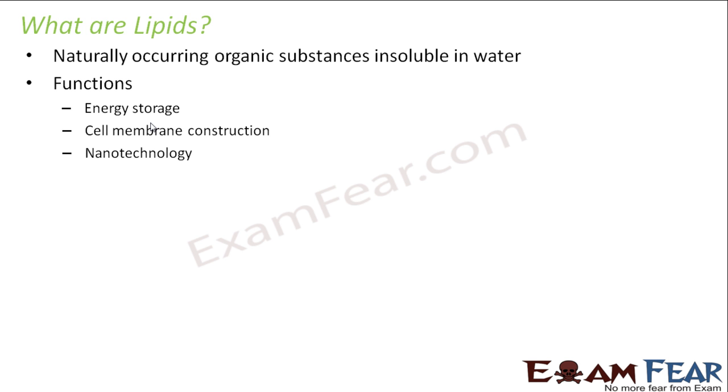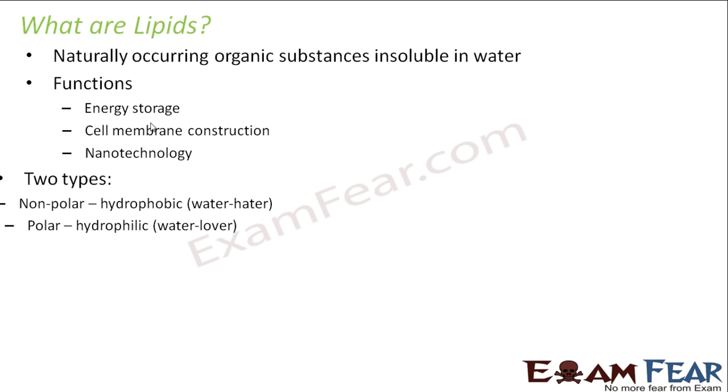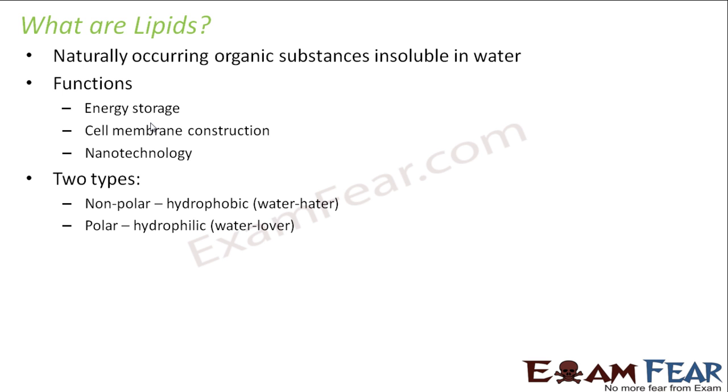So what are lipids? These are organic substances insoluble in water. They help in energy storage, in cell membrane construction, and also in nanotechnology. There are basically two types of lipids: non-polar lipids and polar lipids. Non-polar lipids are hydrophobic.